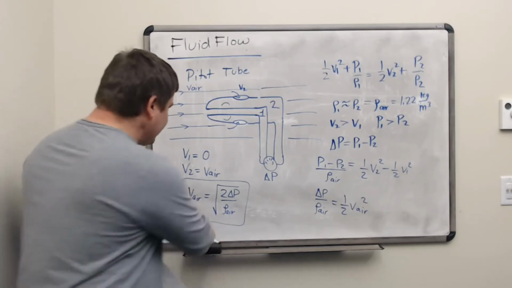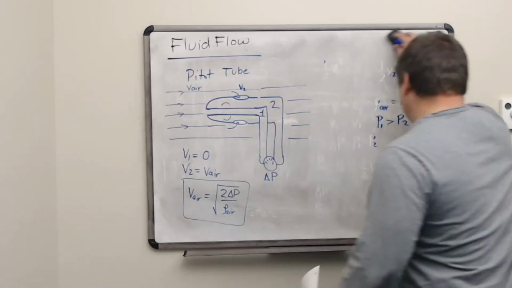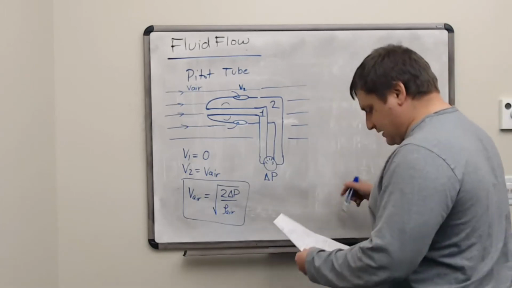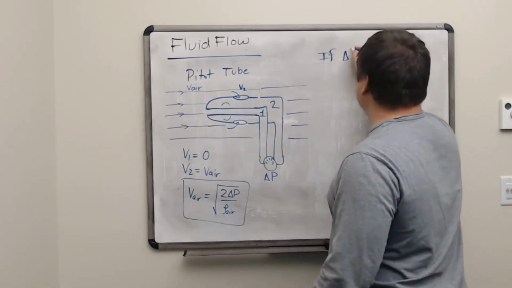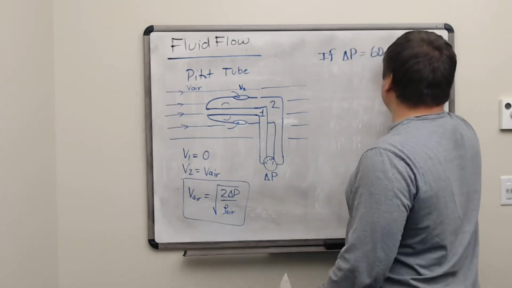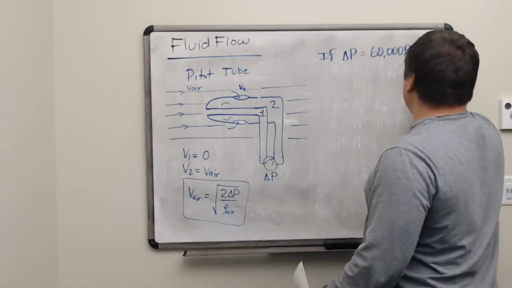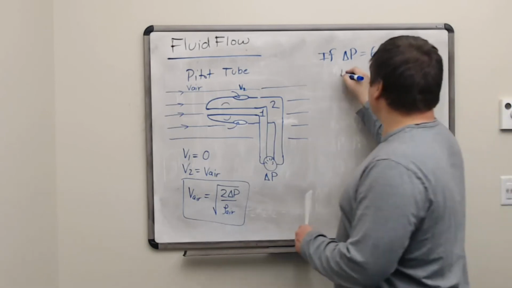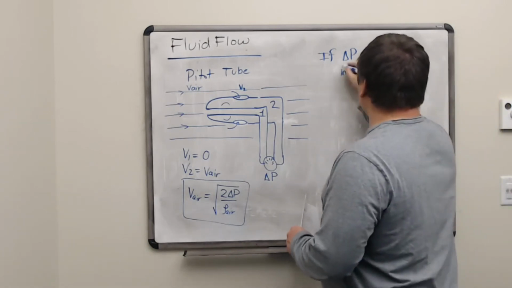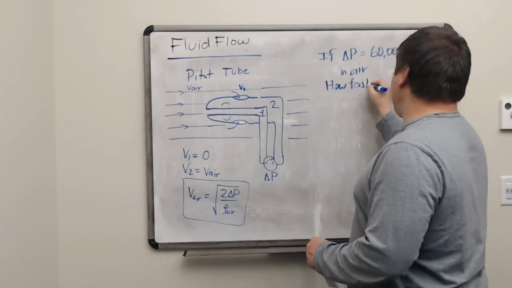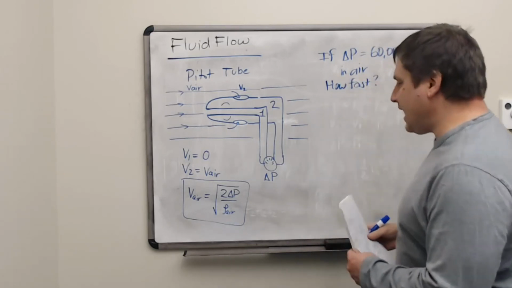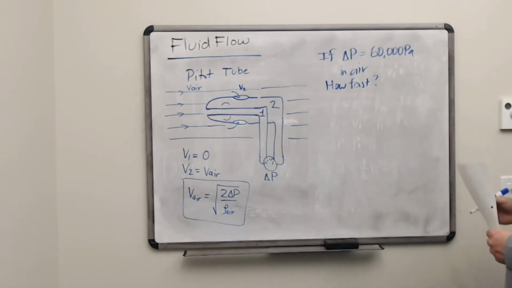All right, so let's do an example with some numbers here to get a feeling of how this works. Let's say we set up one of these pitot tubes and we measured a delta P value of 60,000 pascals in air. And how fast would that air be flowing?